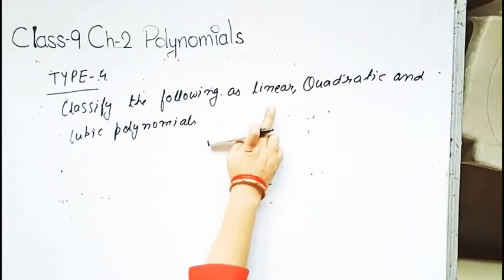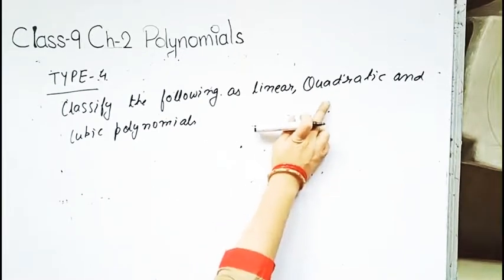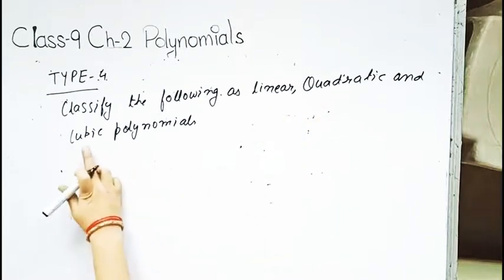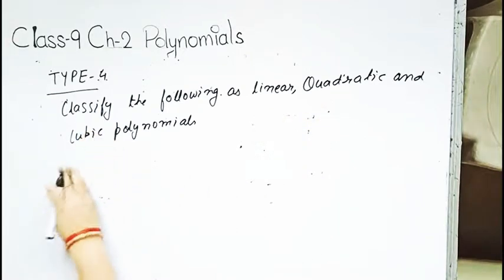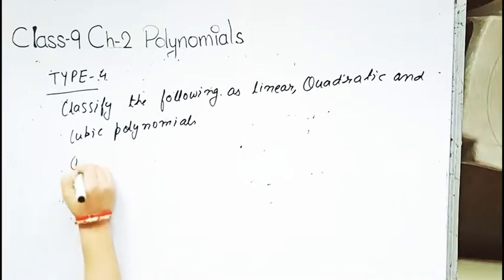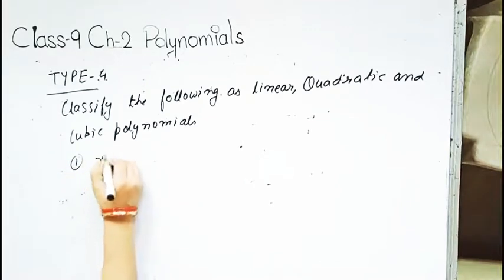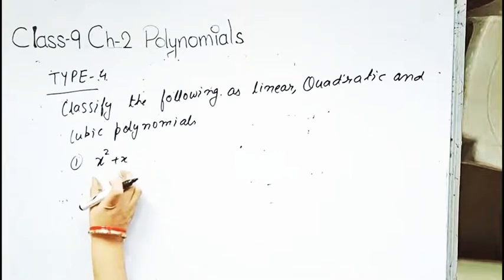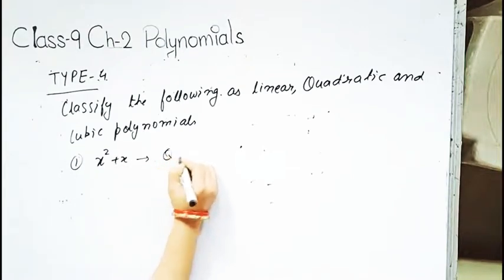Obviously the polynomial whose degree is 1 is linear, whose degree is 2 is quadratic, and whose degree is 3 is a cubic polynomial. Let us take a few examples. Like number 1 I have taken from NCERT, x square plus x. Here the highest power is 2, so its degree is 2, so obviously it is a quadratic polynomial.